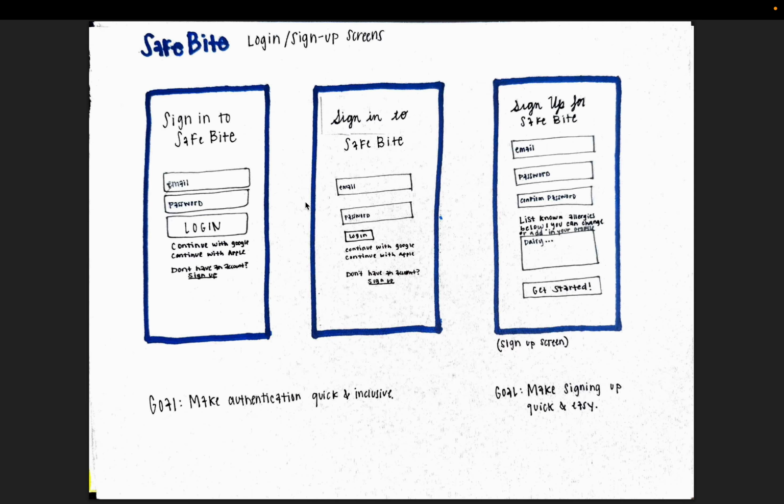And then moving on to our login or sign up screens. This is another one where I didn't know if I should include listing their allergies in, or if I should change the user flow where you go from the welcome screen to the login sign up screen, and if you're signing in, you just go straight into the app, but if you're logging in, it sends you to the settings screen that we'll see later, and you can adjust your profile to match your allergens or any dietary restrictions, like if you're on keto or you're diabetic or you're on paleo or whatever the newest diet is.